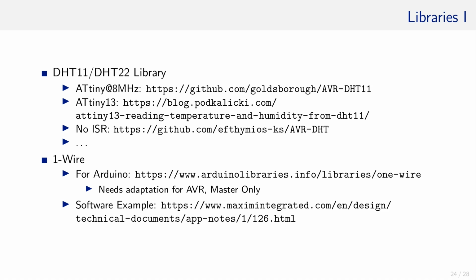There are some libraries available in which the ATmega328P can mimic a master in the 1-Wire bus. If the ATmega is a slave, then the developer might need to hit the keys and program it by herself. Let me know and shoot me an email in case you come across a slave library for the ATmega, for instance.